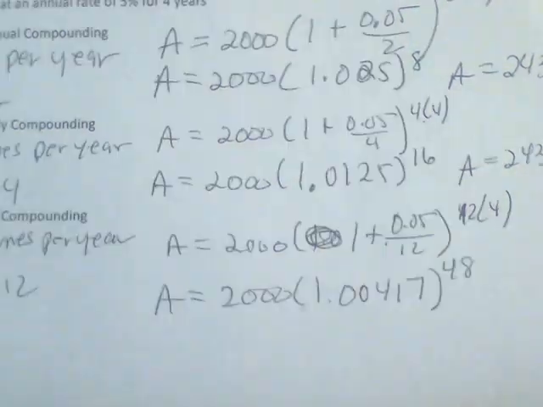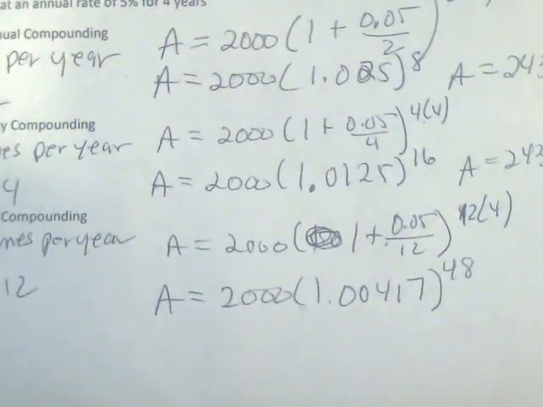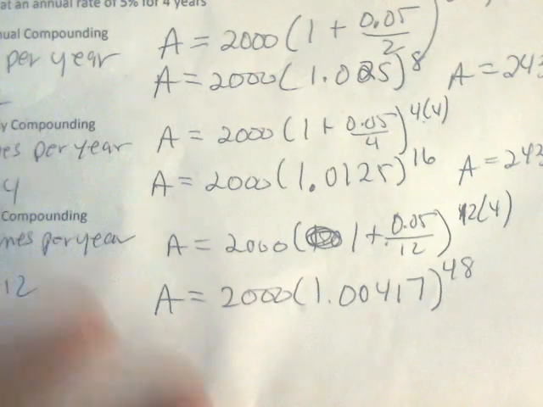So I just rounded, I did the 4166666, so I just made it 417. I'm trying to get as accurate as possible. So I take that 1.00417 raised to the 48th power, and then times 2,000, and I get $2,442.18.